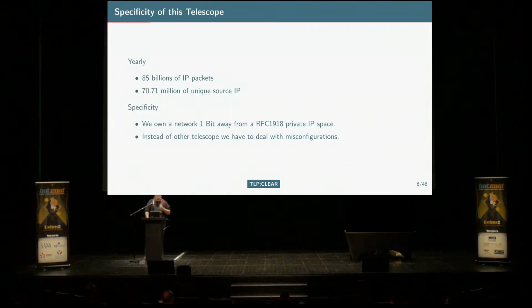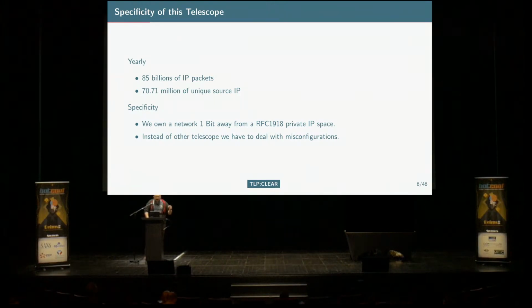Just to have an idea, it's 85 billion packets a year. It's 70 million source IPs, which means nearly 2% of the whole IPv4 addressable space reaches us each year. Another problem with our network telescope is that we are close to an RFC private IP range.